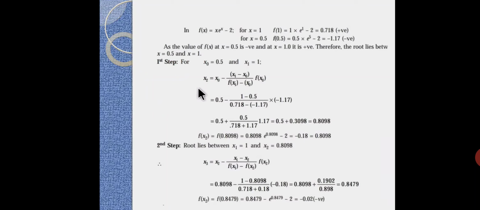So solution, let us consider f of x is equal to x e power x minus 2. By putting x is equal to 0, we get f of 0 is equal to minus 2. And by putting x is equal to 0.5 in the given equation, we get f of 0.5 is equal to 0.5 into e power 0.5 minus 2, which is minus 1.17.